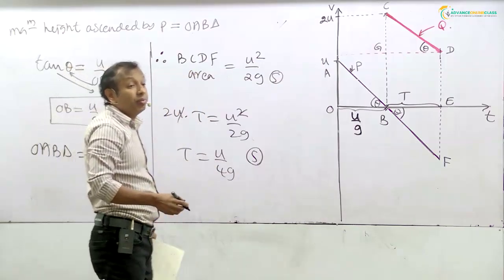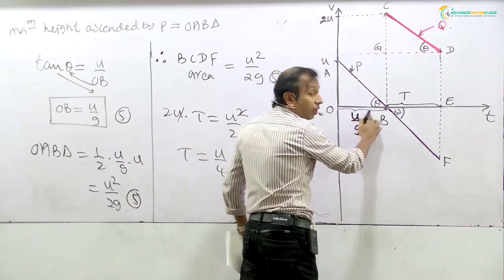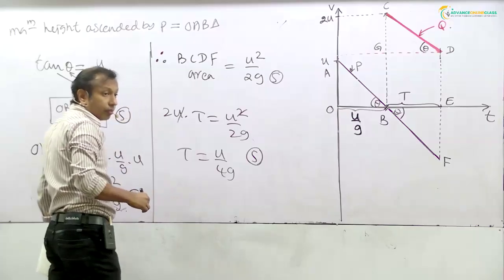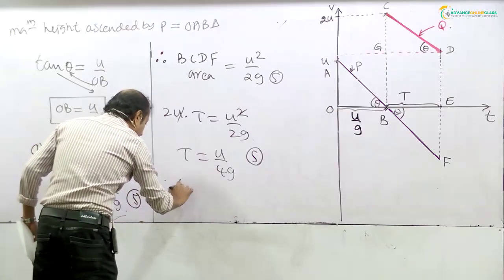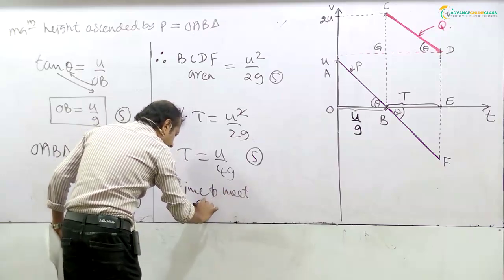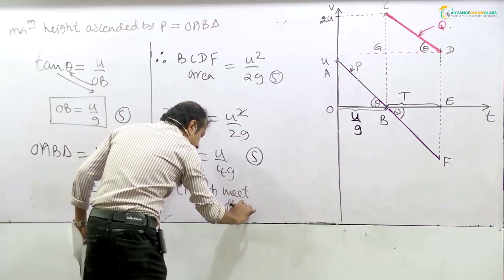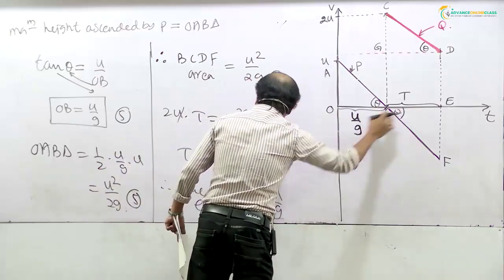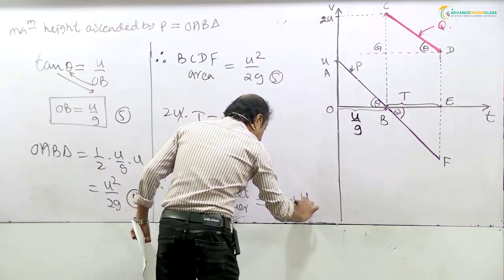Then what was the time to meet each other? This time, man. This time. Therefore, time to meet each other is U over G, this time, plus T. T means this, U over 4G.